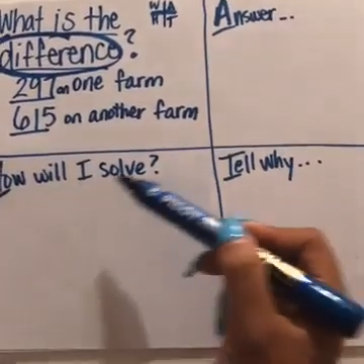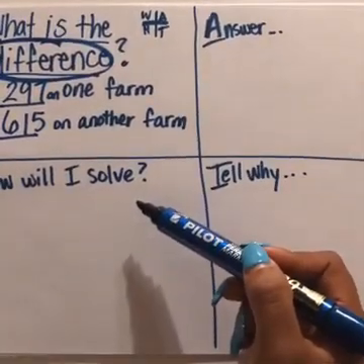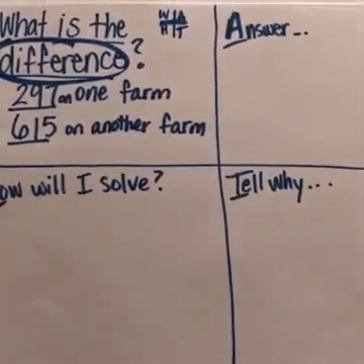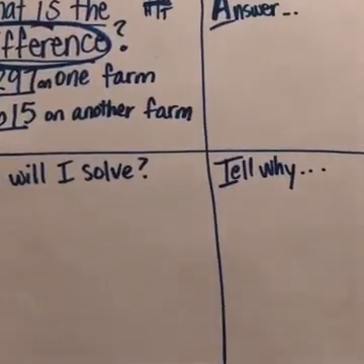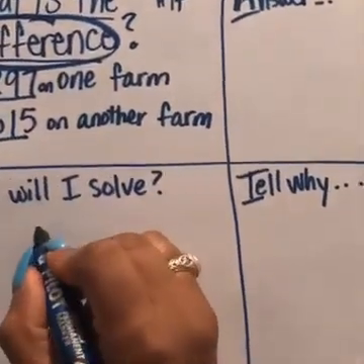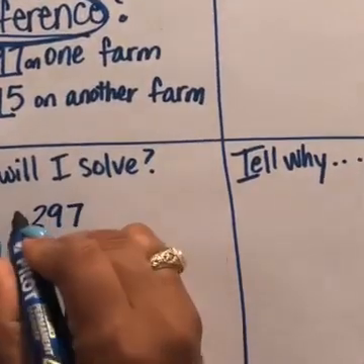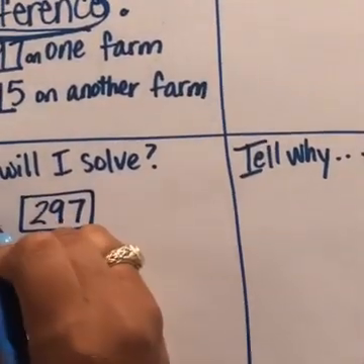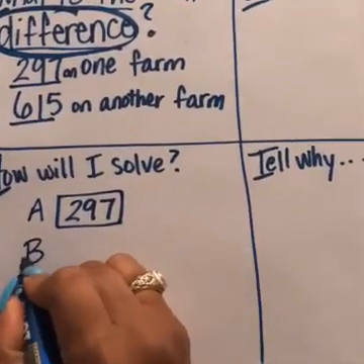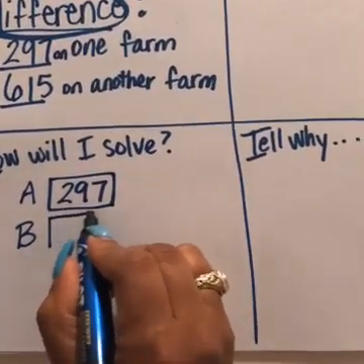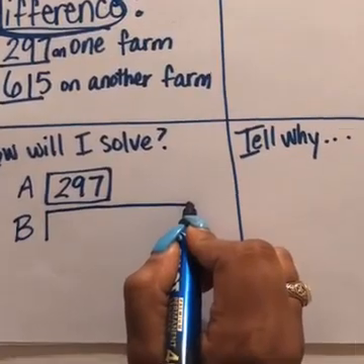It says, how will I solve? Well, in order to know how you will solve, you have to look at your important information. Okay, so I know that I have 297 on one farm. I'm going to call that farm A. So I'm going to just put an A. Okay, and then I know that on farm B, it's a little more.